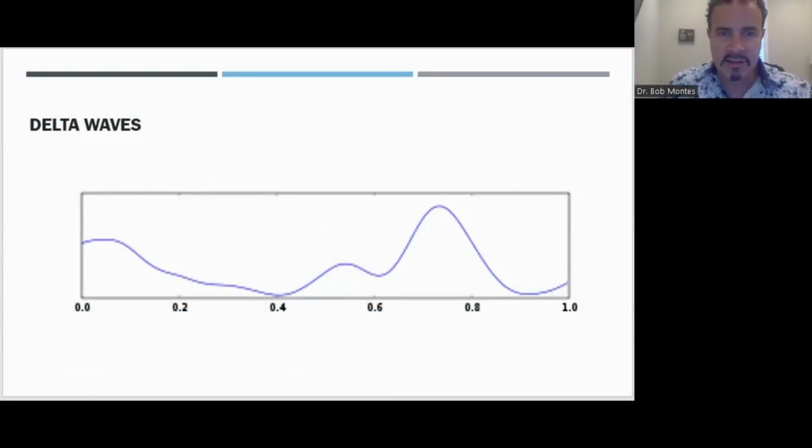So delta is our slowest brain wave, and it oscillates between, say, 0 and 3 hertz per second. Now, this oscillation that occurs at this pace is considered a very slow oscillation, and it is considered our sleep wave.